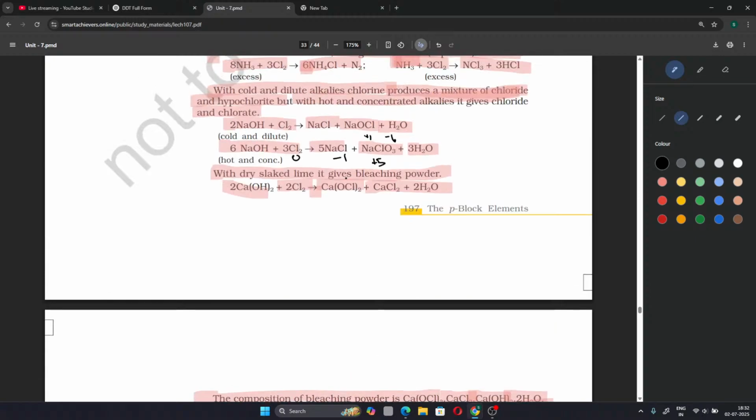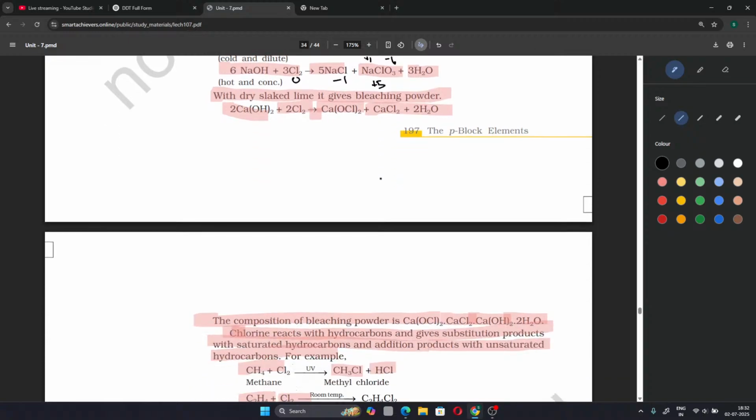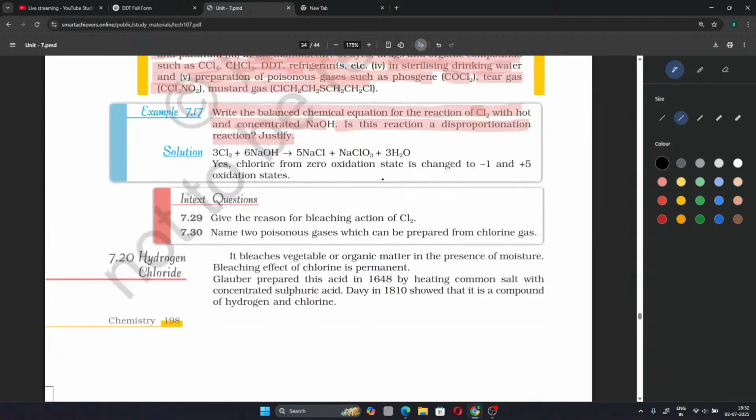So it is indeed a disproportionation reaction where chlorine has -1 in NaCl and +5 in NaClO3.